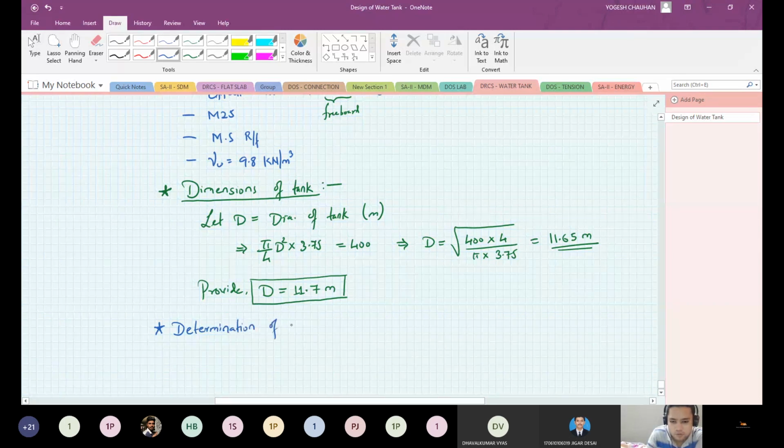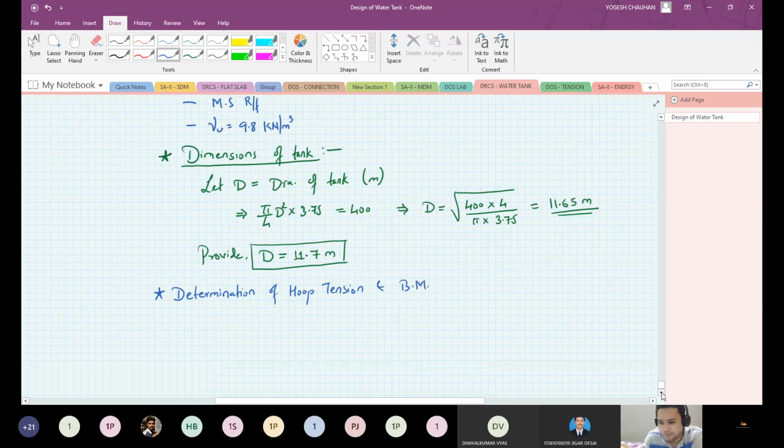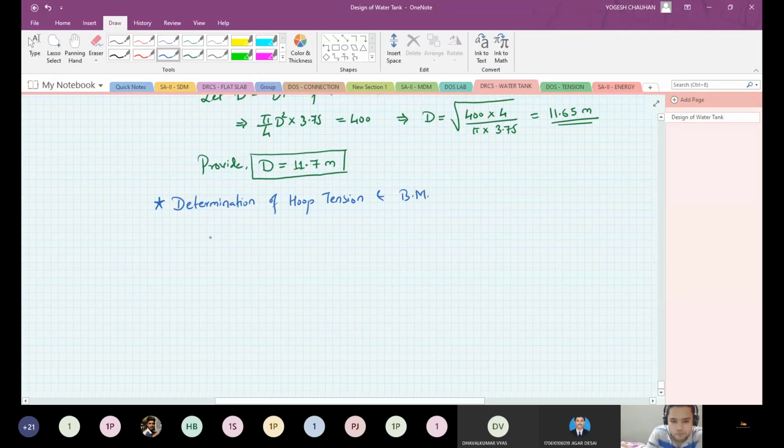Determination of hook tension and bending moment. So here H is equal to 4 meter and D is equal to 11.7 meter.